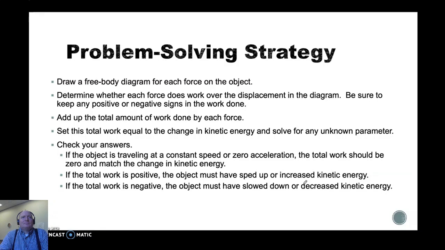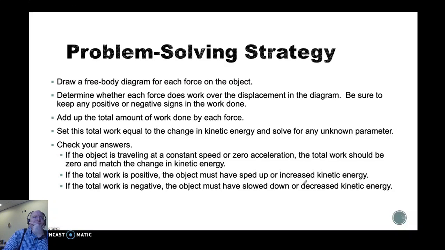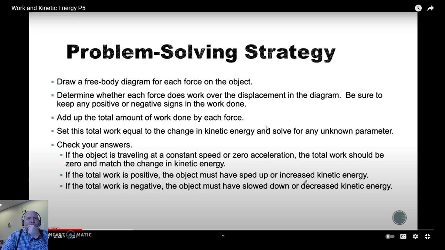Determine whether each force does work over displacement in the diagram. Okay? And make sure that you keep track of any positive or negative signs in the work being done. Yeah, that's awesome. Okay? Then you'll want to add up the total amount of work done by each force. Then set this total work equal to the change in kinetic energy and solve for any unknown parameter that you're looking for. Cool.